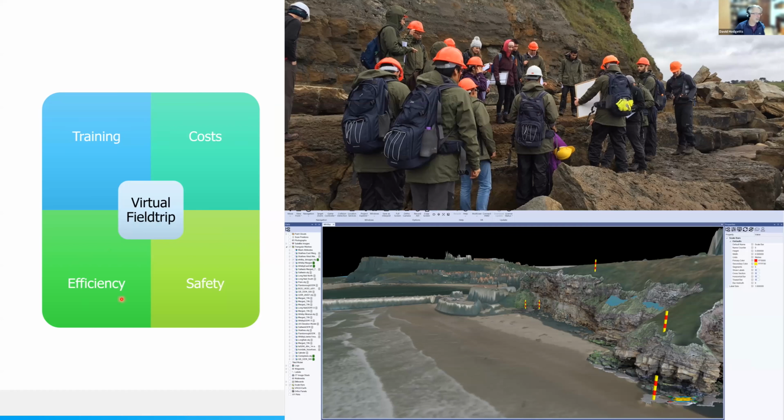So it improves the efficiency of our field trip, and of course there is a big safety aspect to it as well. Some of these outcrop models, you can use them to better understand what is dangerous about particular field areas before you go to them.